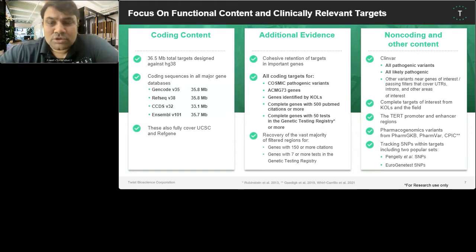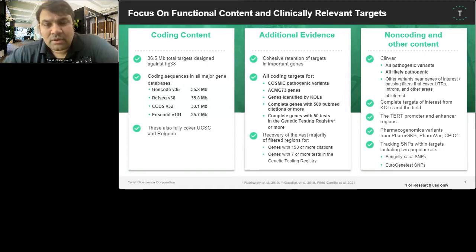And then also we tried to retain many ClinVar targets outside these pathogenic and likely pathogenic regions. For example, some of the ClinVar variants that are associated with actionable drug targets, metabolism, and also certain variants of uncertain significance, because they are part of some of the UTRs and the intronic regions.